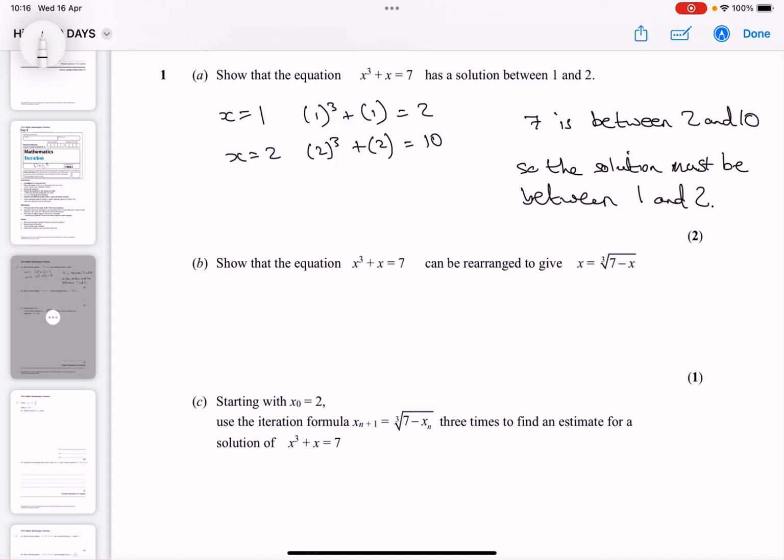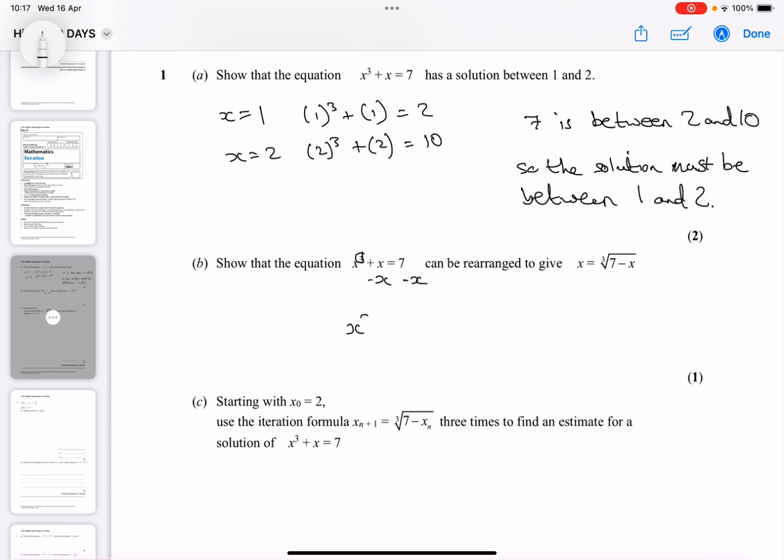Show that the equation x cubed plus x equals 7 can be arranged to give x equals cube root of 7 minus x. This purely is whether you can see it. I'm looking at the cube root. Sometimes we looked at whether we could factorise something out, but because I can see the cube root and the cube, the first thing I'm going to do is take that x away.